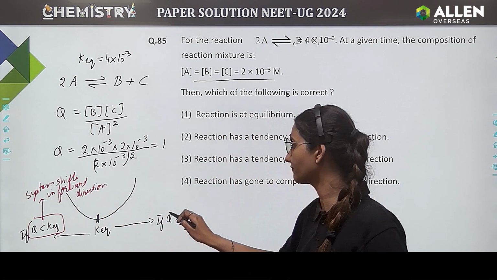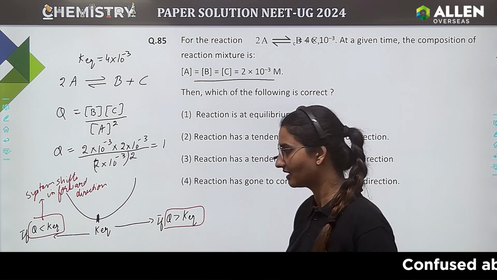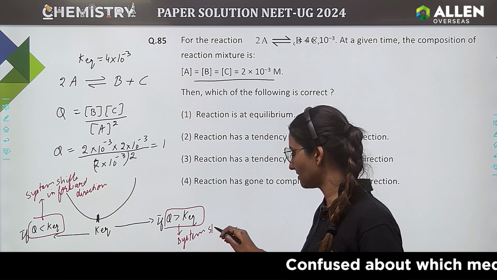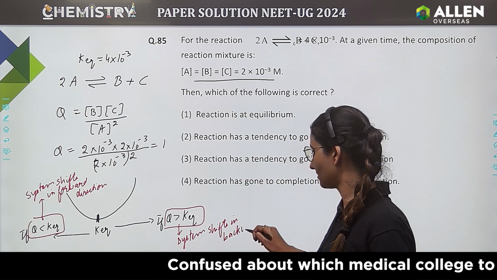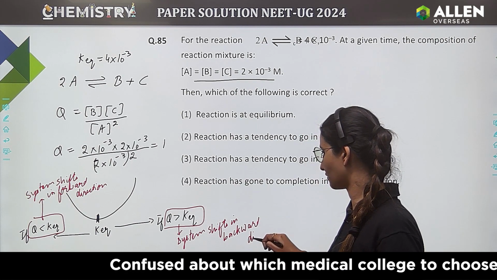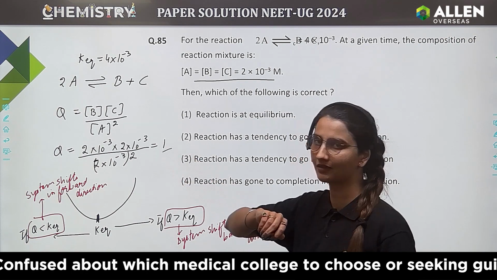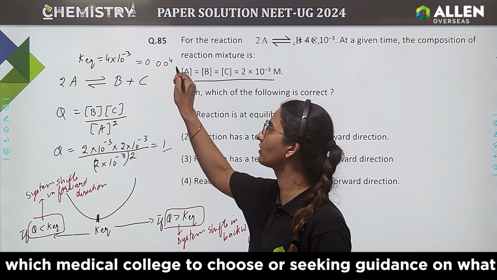And if Q is greater than K equilibrium, it wants to decrease the value, so the system shifts in the backward direction. What are we getting here? We are getting Q as 1. What is K equilibrium? It is 0.004.